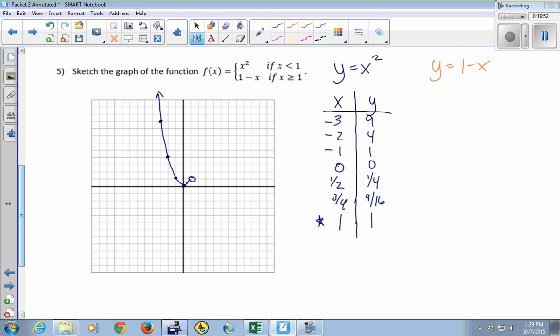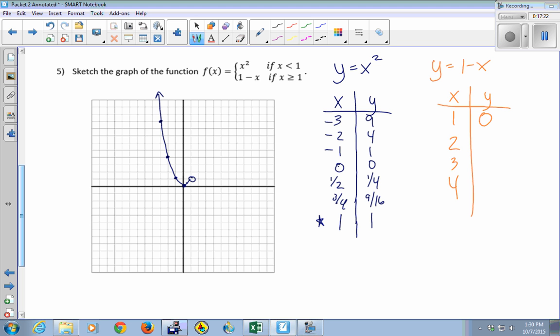All right, and then let's look at y equals 1 minus x. I'm going to make an xy chart. Now, what kind of x's am I allowed to put in the x column here? 1 and bigger. I actually can put 1 in because it says greater than or equal to 1. So I can put in 1 and anything bigger. So I'll put like 2, 3, and 4. So if I put a 1 in here, I get 0.